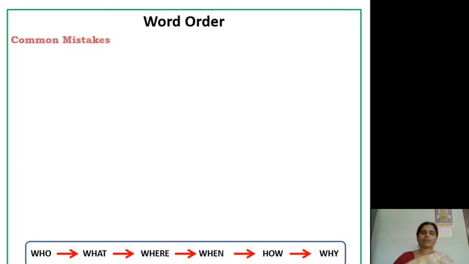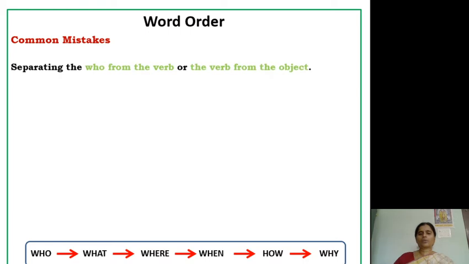Now, the common mistake we make when we are putting the words in order in a sentence is separating the who from the verb. That means we sometimes separate the subject from the verb or the verb from the object. Usually in a sentence, the subject has to take place first, and immediately after the subject, the verb has to take its position.